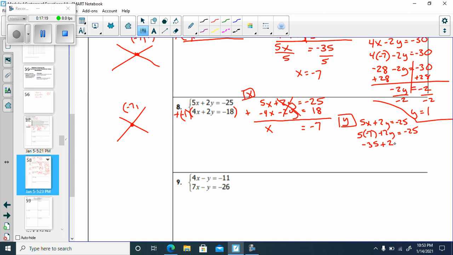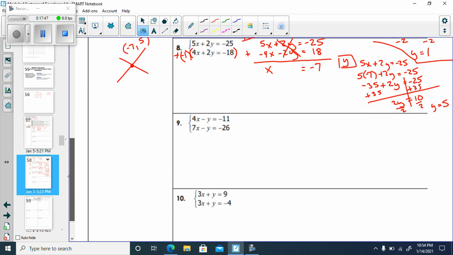Plus 2y equals negative 25. Let's add 35 to each side. And I've got 2y is equal to 10. Let's divide both sides by 2, and y is equal to 5. My solution, the place where they intersect, is negative 7, 5.